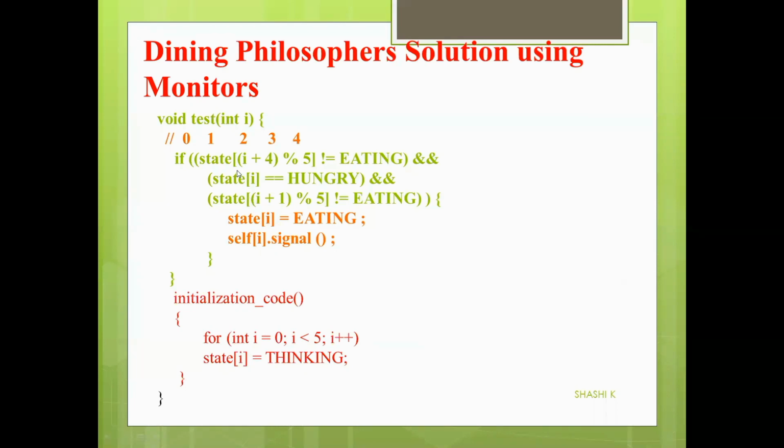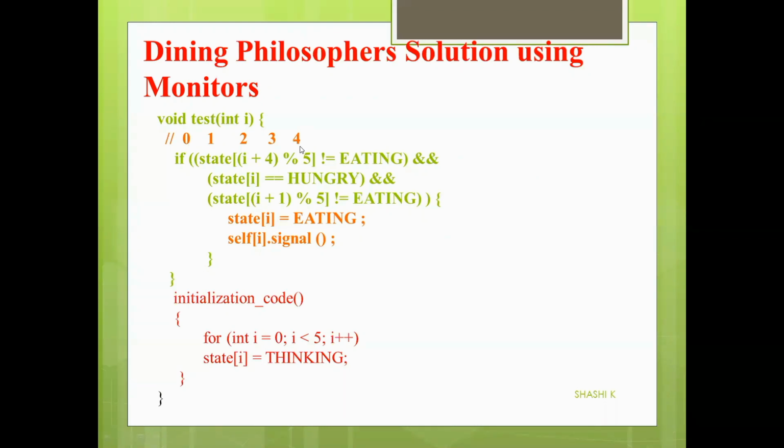The left philosopher is I plus 4 mod 5. Why I plus 4 mod 5? Let's say it is philosopher 0. The chopstick on the left of philosopher 0 is chopstick 4, right? So 0 plus 4 mod 5 will be 4, because it's a circular array.